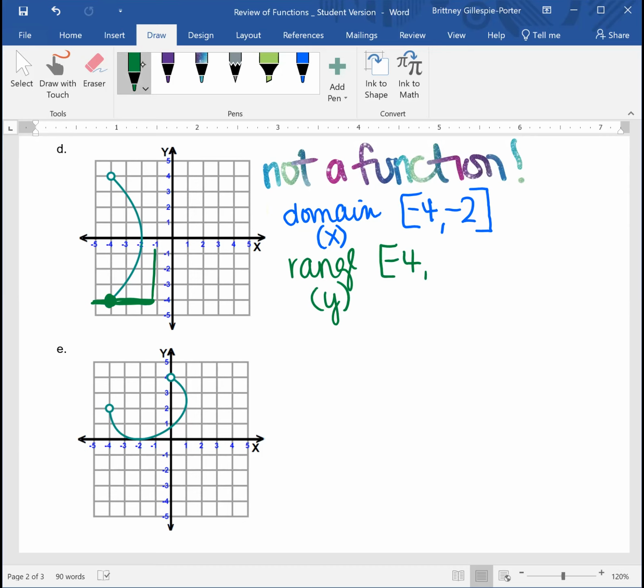When we scroll up to find our y value, our ceiling is at 4, but we have an open circle, which means that we're not actually going to hit 4. So my +4 needs to have a parenthesis because I will not actually get to a y value of +4.